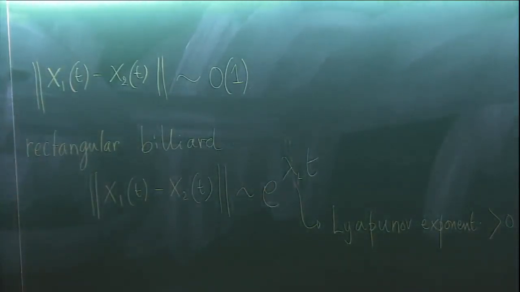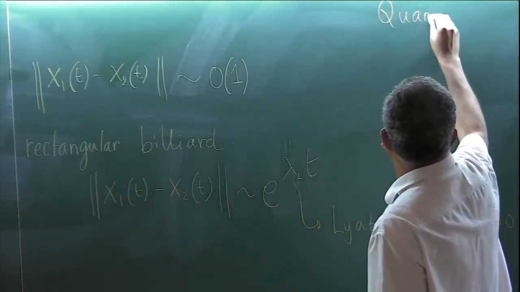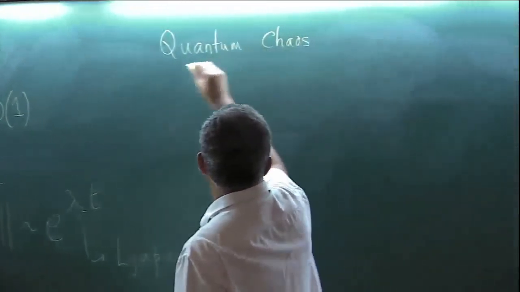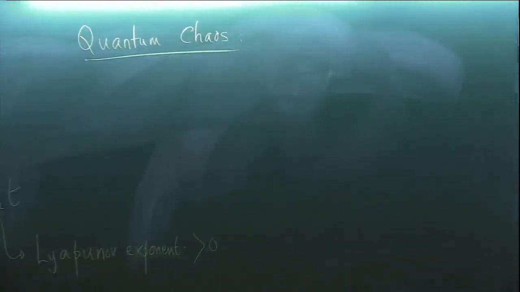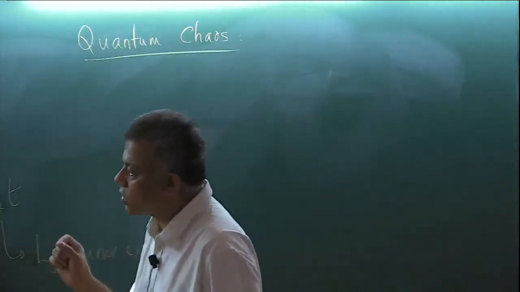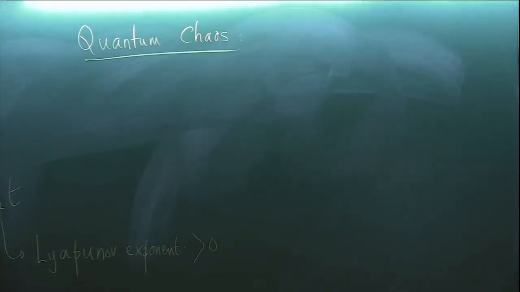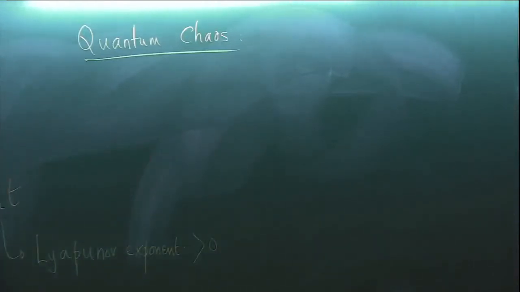So now you can ask, what is quantum chaos? Classically, you have a prescription to detect chaos, right? You just start these two trajectories together and see if they go away from each other or not. If they stay together, it's a regular system, not a chaotic system. But if they diverge, then it's a chaotic system.